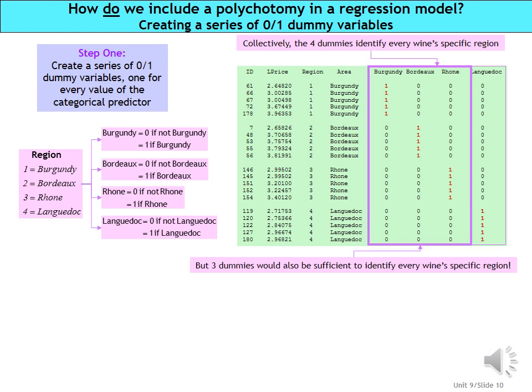And one reason for eliminating one of the variables, like Languedoc here: if I include all 4 of them in a regression model instead of 3, what kind of problem would I have? Why am I trying to remove 1? First of all, I can define everything with 3.